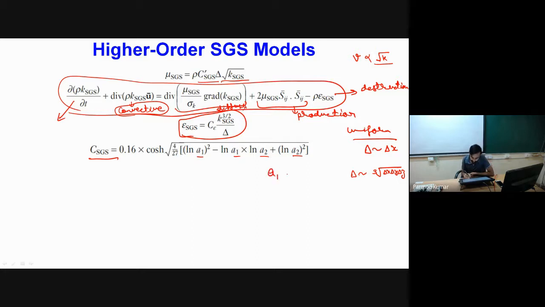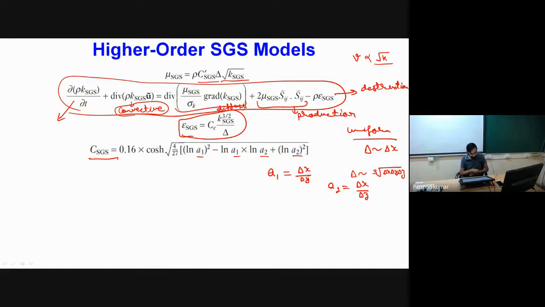For example, A1 is equal to delta x by delta y, and A2 is the ratio of delta x by delta z. So how much non-uniformity we are having in our grid is also accounted for when we use the non-uniform grid for large eddy simulations.